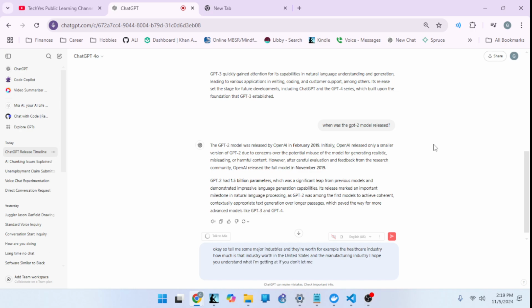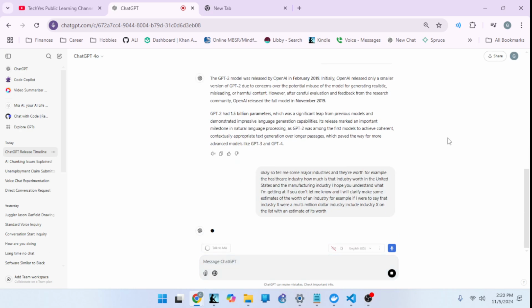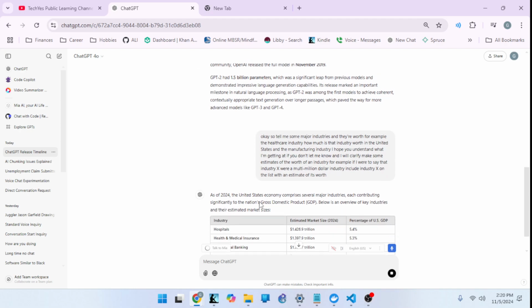If you don't, let me know and I will clarify. Make some estimates of the worth of an industry. For example, if I were to say that industry X were a multi-million-dollar industry, include industry X on the list with an estimate of its worth. So we're going to try to get a sense of other sorts of industries.